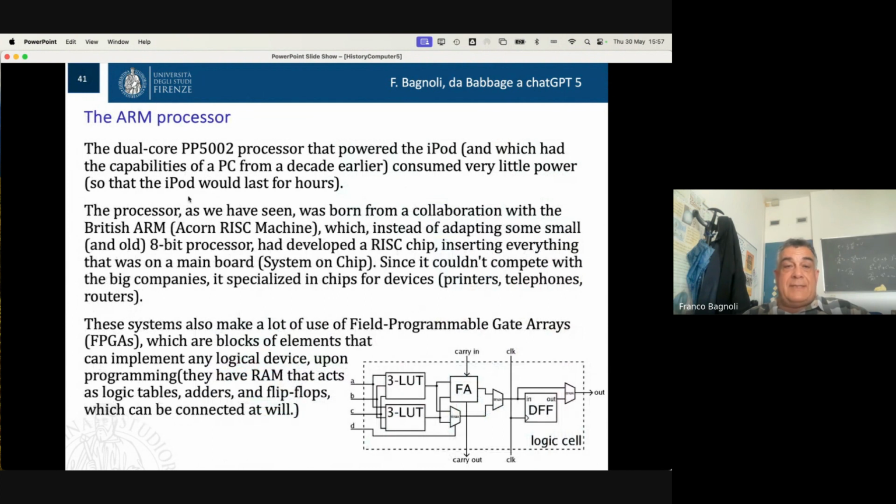So you can see that Apple invested a lot on this, and developed some failures like the Newton, but in the end it was able to make a profit from this investment.